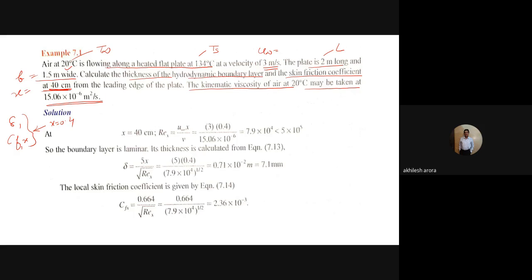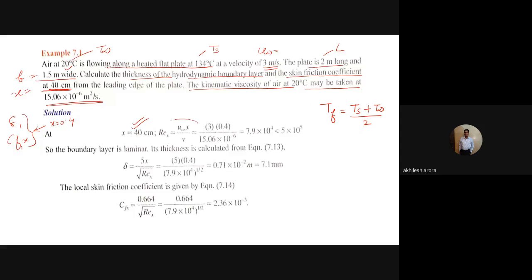Otherwise, when we have to calculate the properties, we will have to take the average values. So you should always go for the calculation of the properties corresponding to Tf, which is equal to (Ts plus T infinity) divided by 2. Here I think it has been wrongly done in this particular case. So 40 centimeter is the value of x.